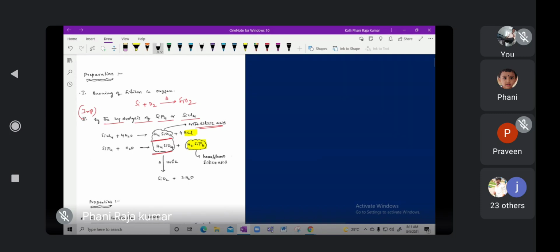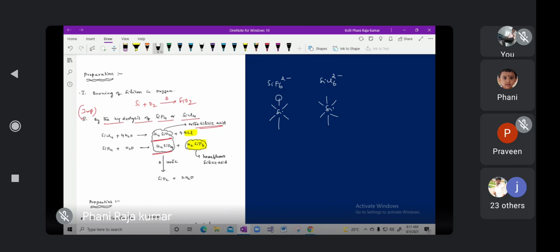One point. SiF6 2 minus, SiCl6 2 minus. So this is an octahedral structure. Steric factor.